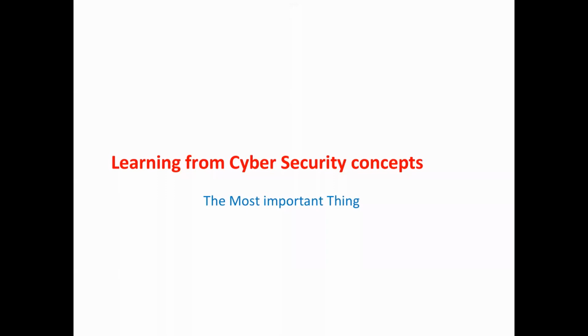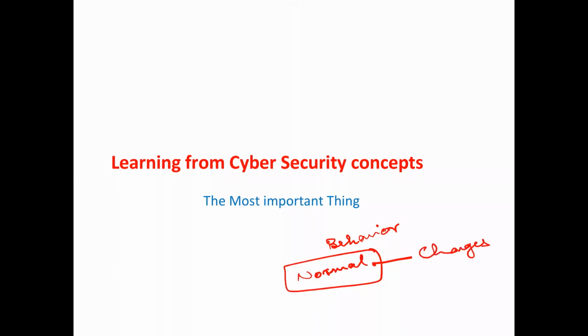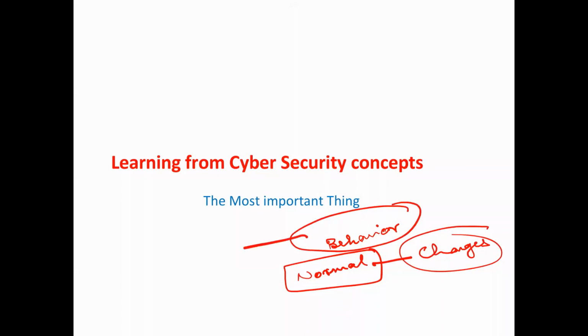Now the important thing is behavior. Why does behavior change? It's not the normal behavior, the way you designed the system to behave. It changes because, say, malware starts consuming resources and so on.